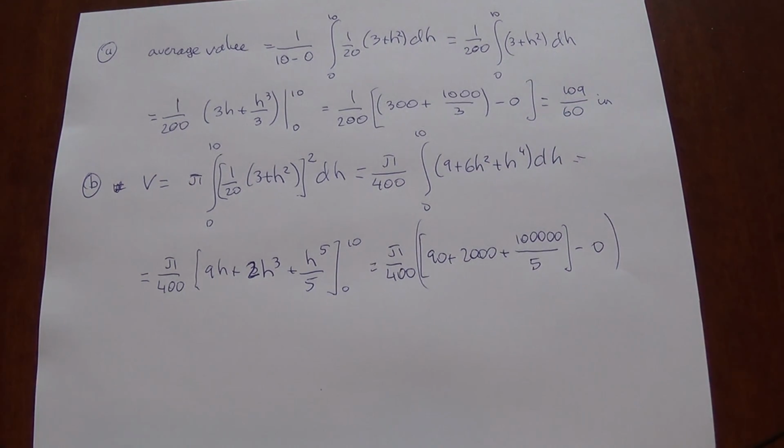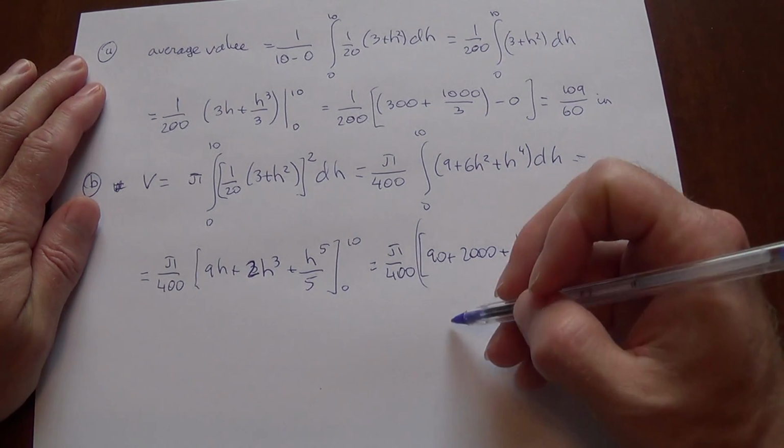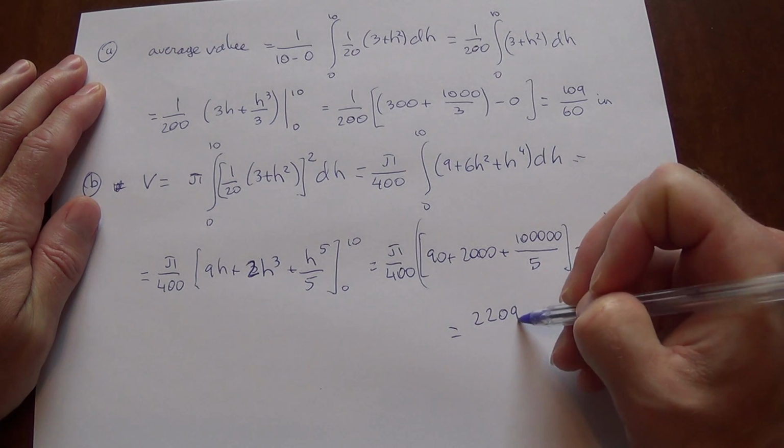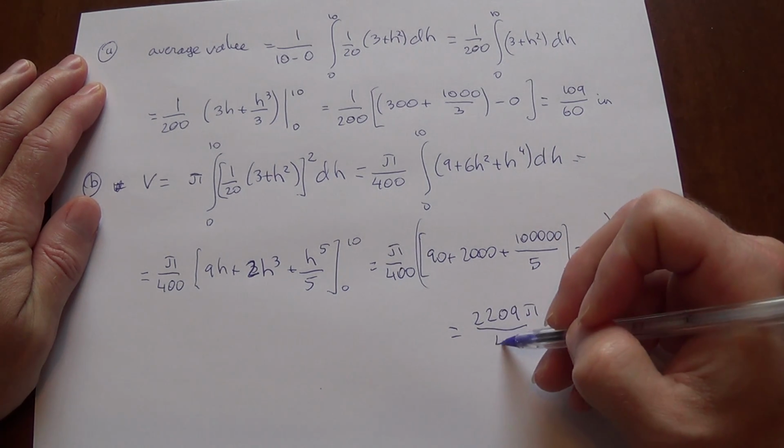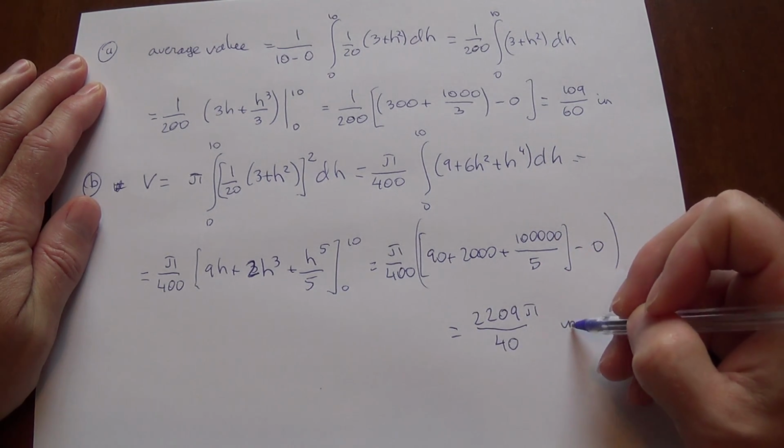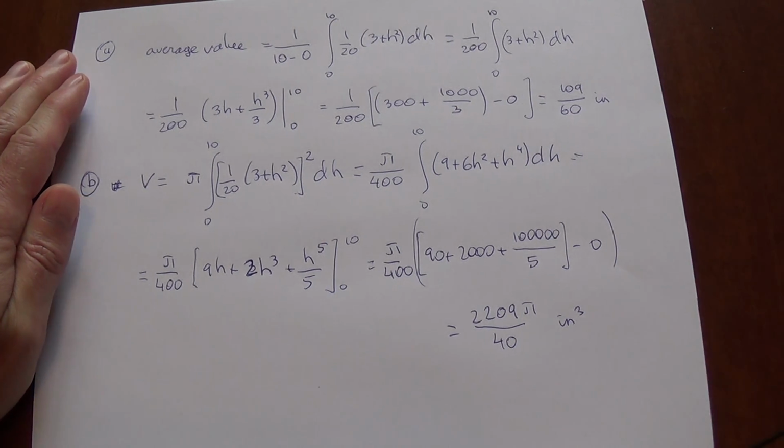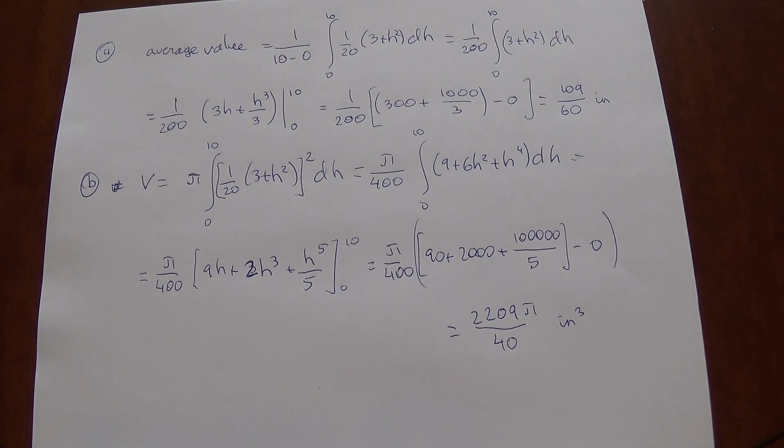Because we still need to substitute 0 in there, the whole thing will simplify to 2209 pi over 40. This will be cubic inches. It is not asking for the unit again, but just in case we need the units, that's what it's going to be. So it's a relatively simple problem actually.